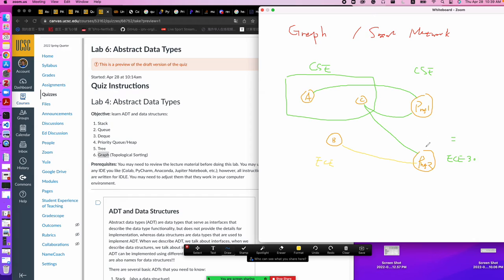And these two professors may not know each other. And we also have, let's say, an applied mathematics professor, Professor 3. One of these professors knows each other, right? But this guy doesn't know this guy.